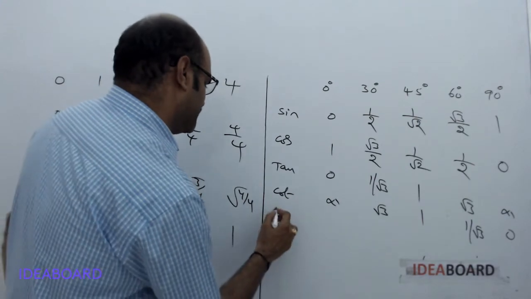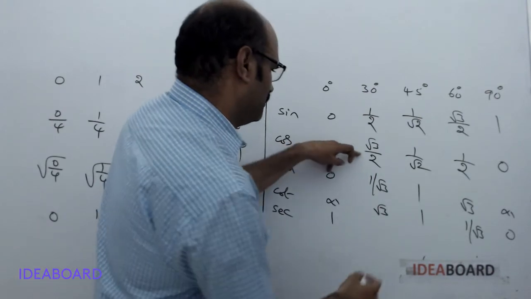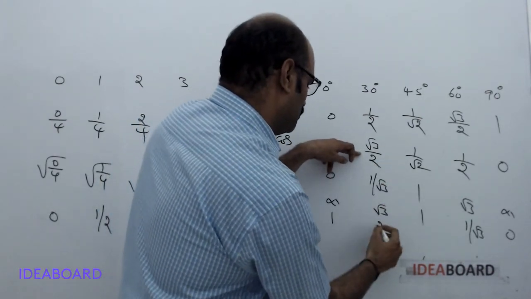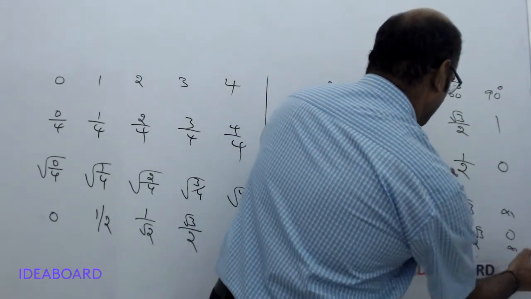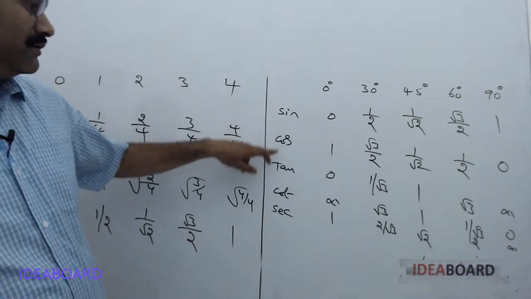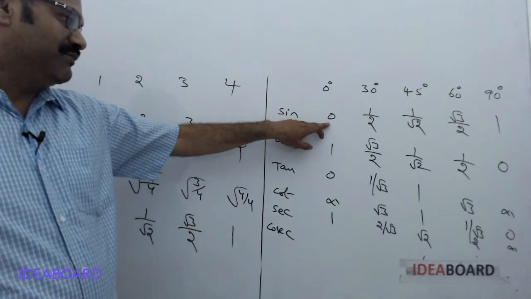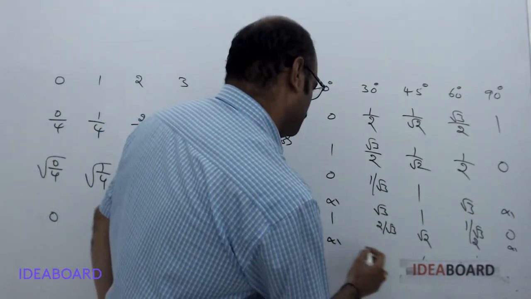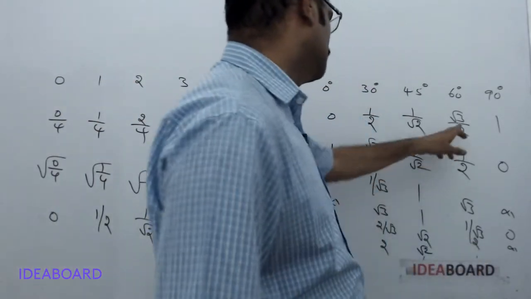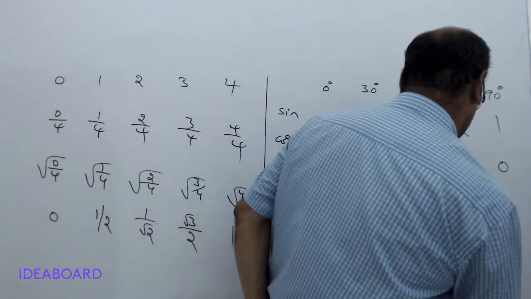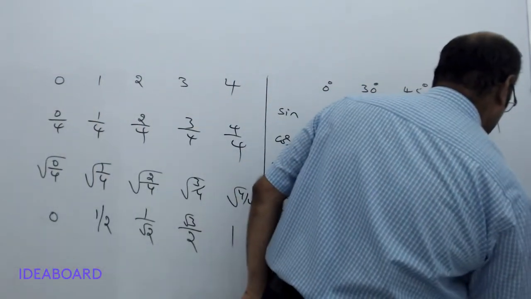Now for secant, the reciprocal of cos: 1 by 1 is 1, then the reciprocal of root 3 by 2 is 2 by root 3, root 2, 2, infinity. Now for cosecant, you have to take the reciprocal of sine: infinity, 2, root 2, 2 by root 3, 1.